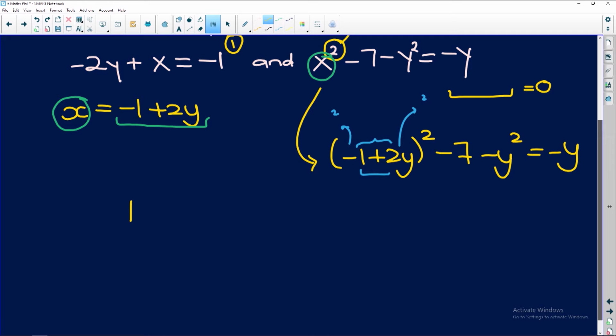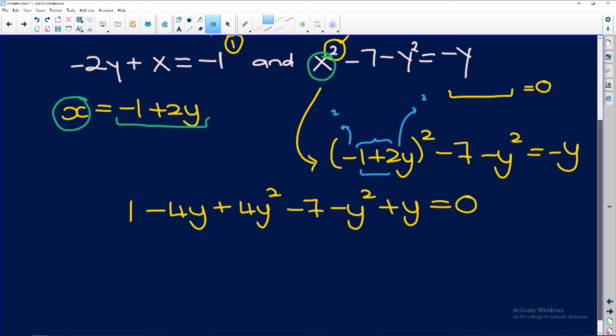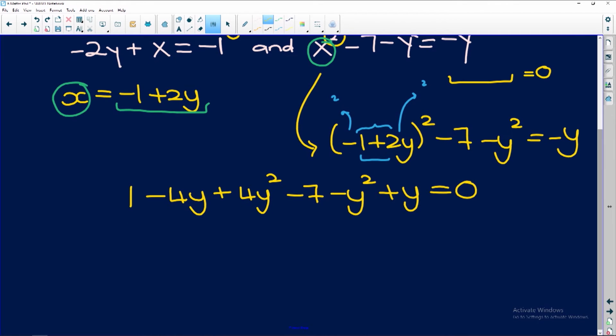The product of those two is -2y, and if I double that, I get -4y. Then I square the last term, I get 4y squared. Then I carry on, -7 minus y squared, and if I add y to both sides, I make it equal to 0. So simple, easy peasy.